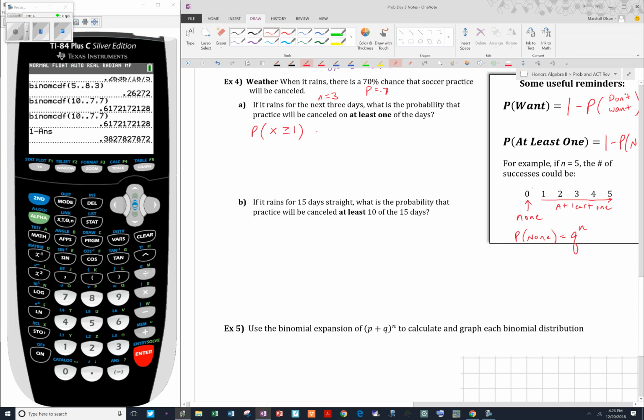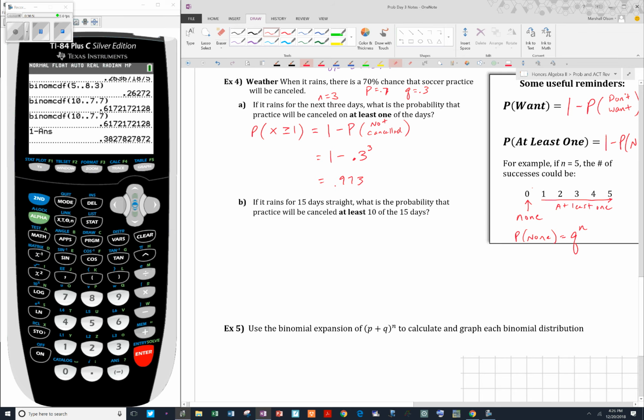So the probability of at least 1, we said, is easy to find by finding the probability of none, or that the practice is not canceled at all. So that would be 0.3, which is Q, taken to the third, which is going to be about 0.973.